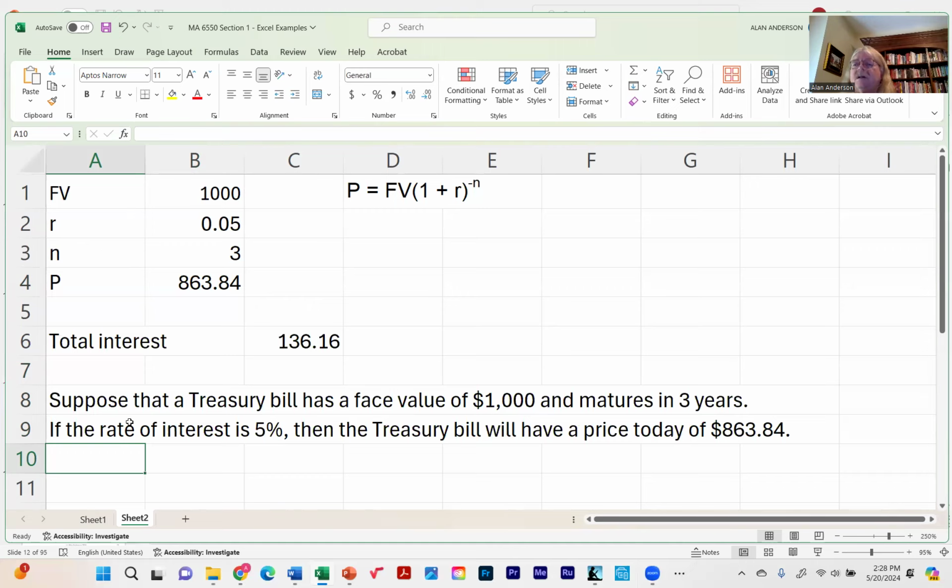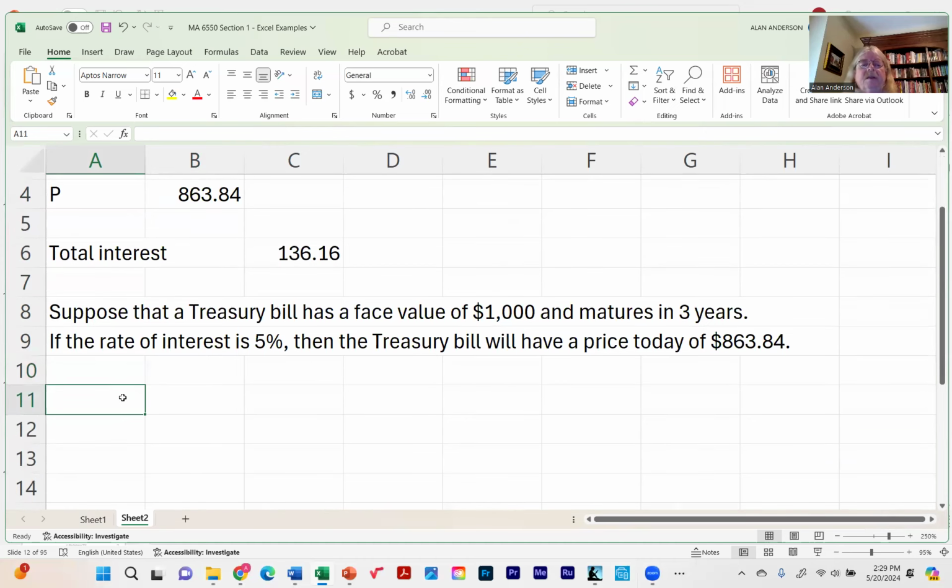In fact, this is how savings bonds work. In the treasury market, the bills actually don't go out more than a year, but still the principle is that if you did have one that lasted 3 years, this is how it would be priced. Savings bonds definitely work this way, and they go out quite a few years into the future.